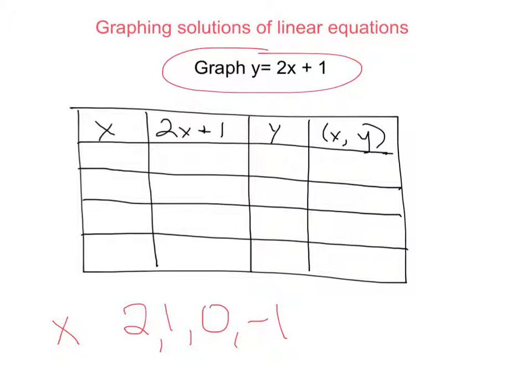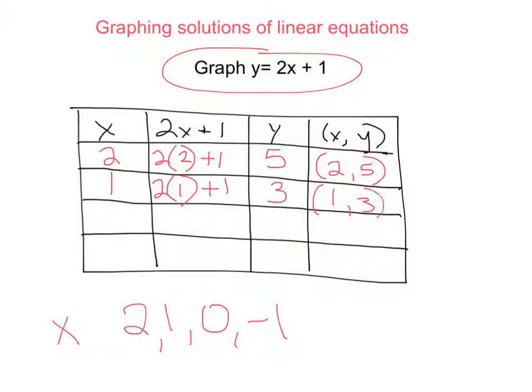So if my x is 2, then my equation is 2 times 2 plus 1, which would be 5. So my ordered pair would be (2, 5). If my x is 1, I have 2 times 1 plus 1, which is 3. So my ordered pair is (1, 3).